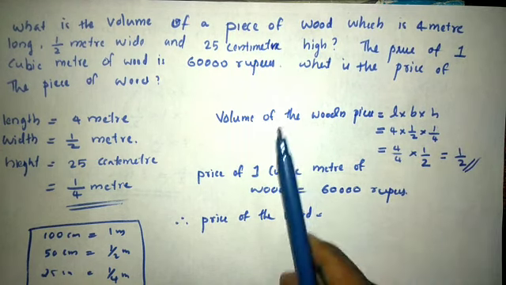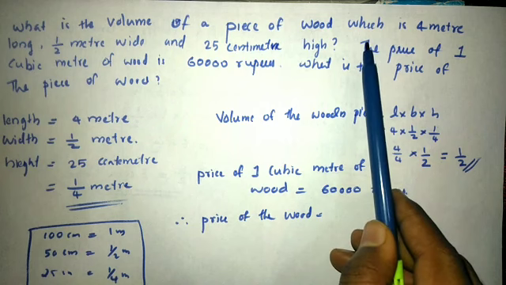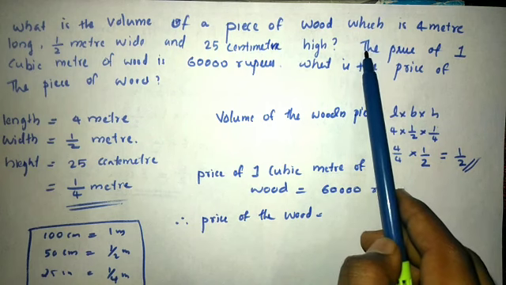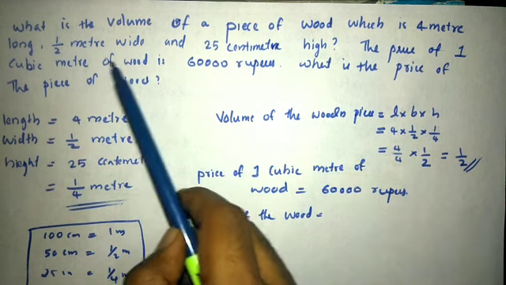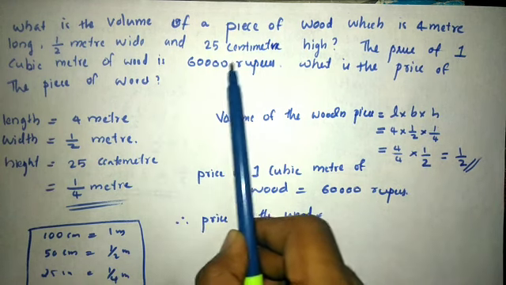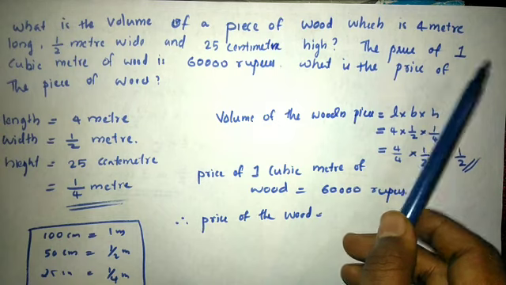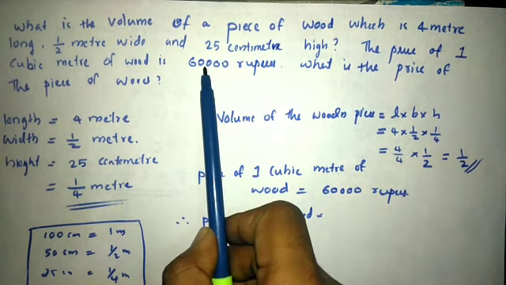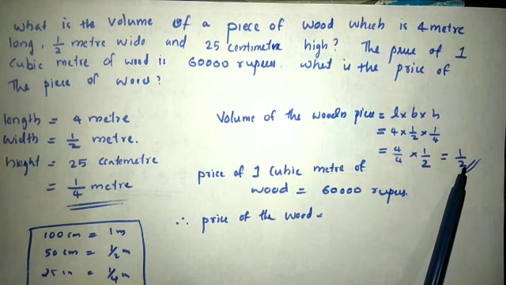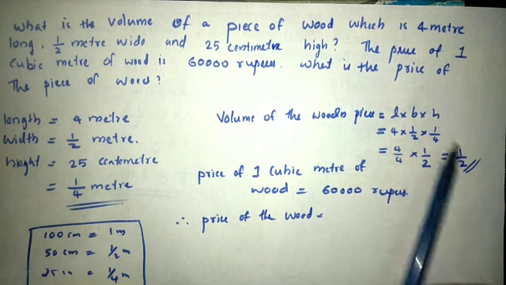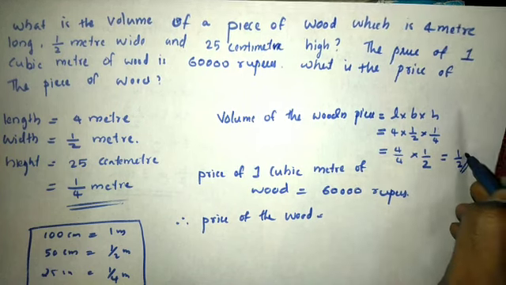I'll read the last portion of the question again. The price of 1 cubic meter of wood is 60,000 rupees. So our answer is half. The volume of the wooden piece is half cubic meter.